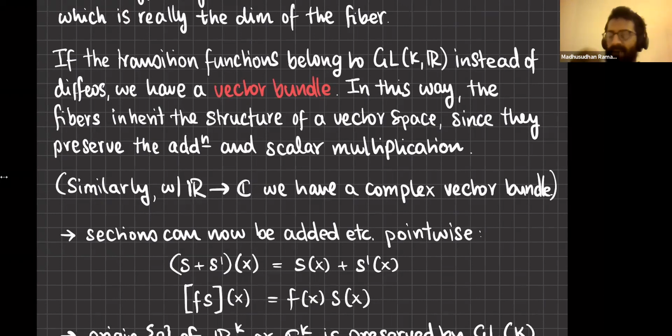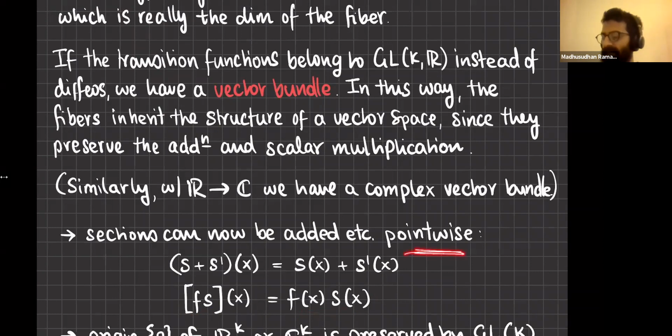Now, if I have two local sections defined on some patch, I can define the addition of the two sections just by the following formula. And similarly, I can define scalar multiplication, where f is some function and s is a section. We can define scalar multiplication like this. So everything is happening pointwise.